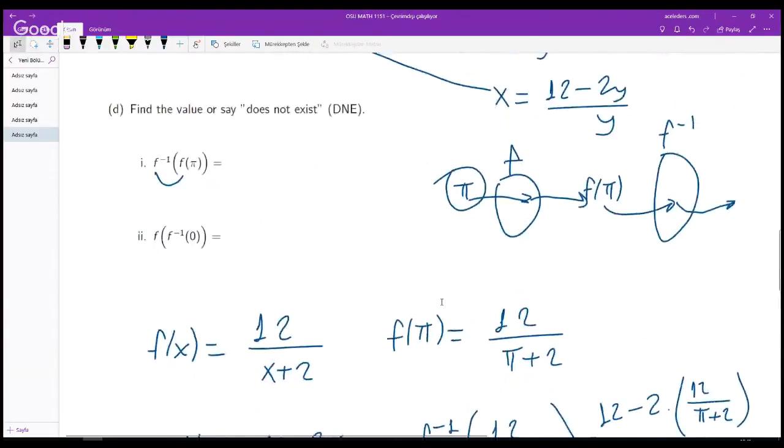And what about the second part? We have f of f inverse 0. What is your answer? And please remember what we have done in the previous part. What do you say? F of f inverse 0.